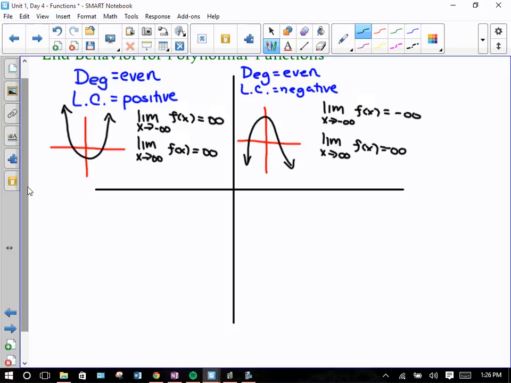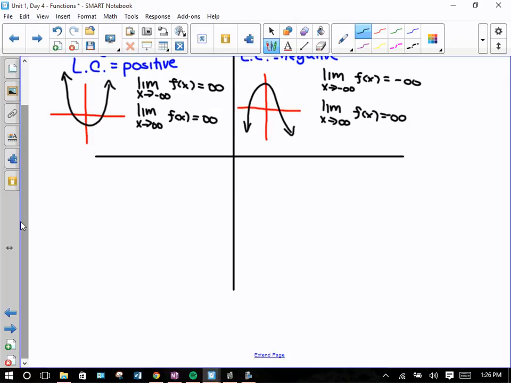We have odd degree functions, meaning the highest degree is 1, 3, 5, 7, odd numbers. Alright, so you could have a degree where it's odd, and a leading coefficient that's positive. Those types of functions are always going to have this type of behavior.